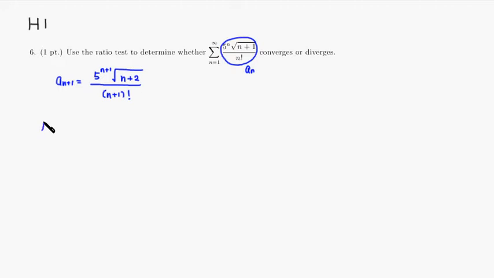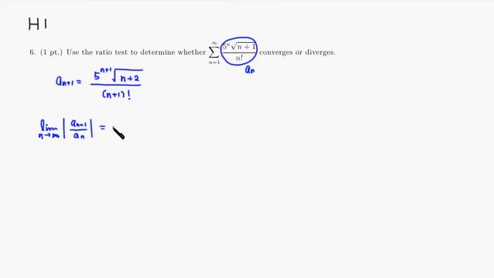So we need to evaluate the limit as n approaches infinity of the absolute value of a_(n+1) over a_n. Right, so let's do that.